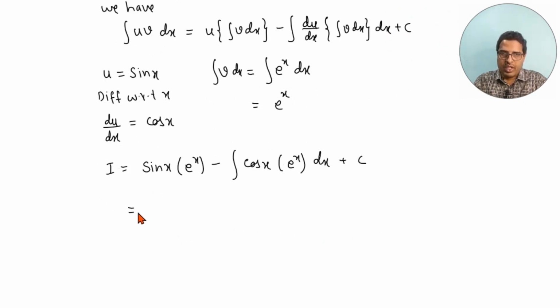So we can rewrite this as e^x sin x minus integral of e^x cos x dx plus the constant c.